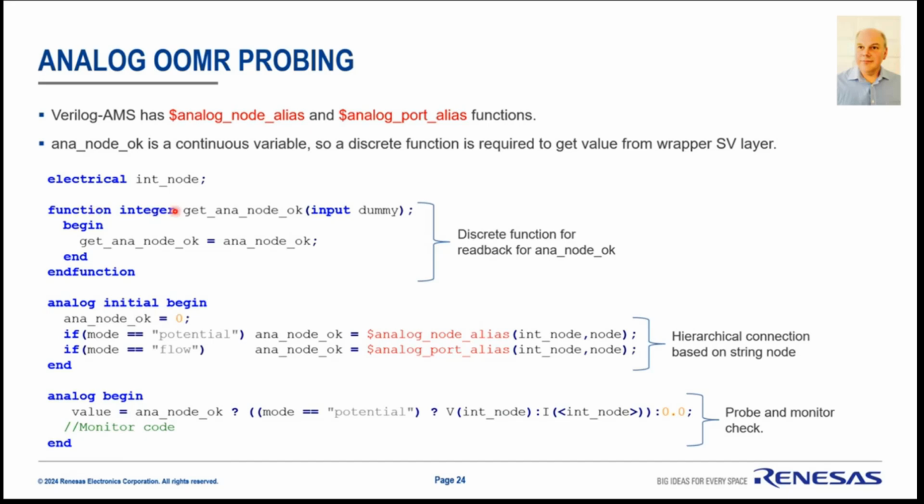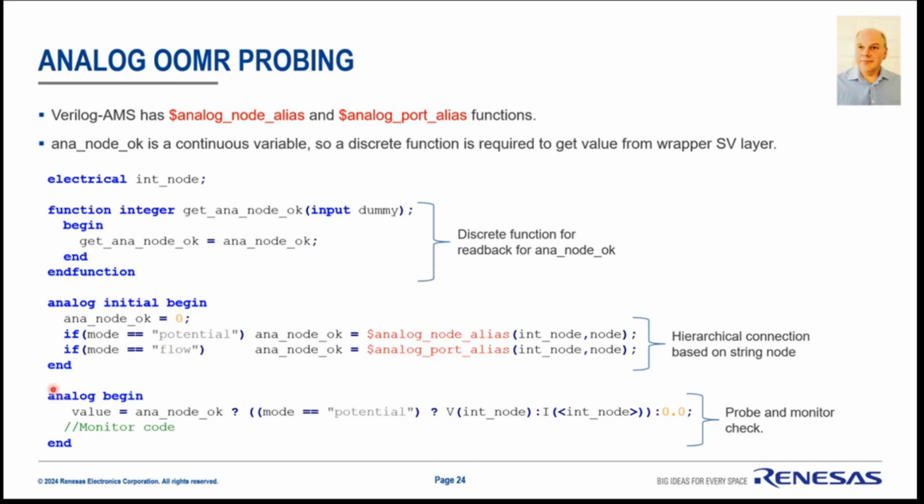So this function here, get anode OK, has to take an input because that's part of the Verilog AMS LRM. It's still based on Verilog 2001. It returns the value of this internal node here, which is owned by the analog solver. So we set it to 0 to start off with in an analog initial block. If the mode is potential, it calls this function, which sets anode OK. If it's flow, it does the same again using the port alias.